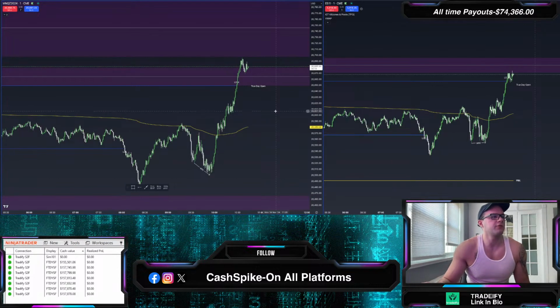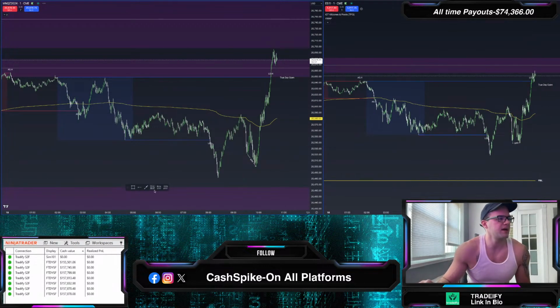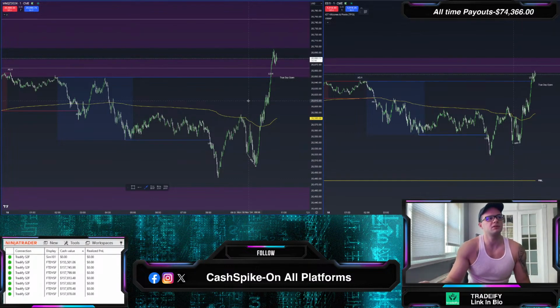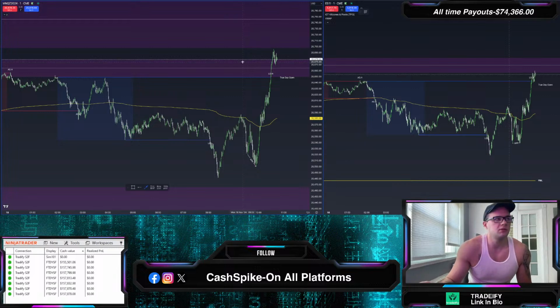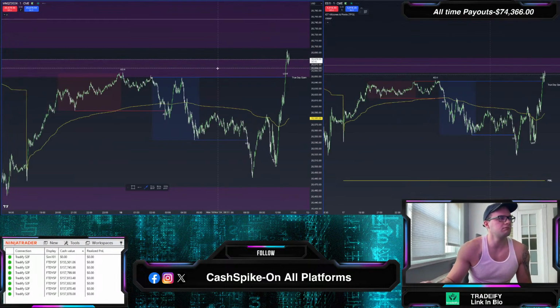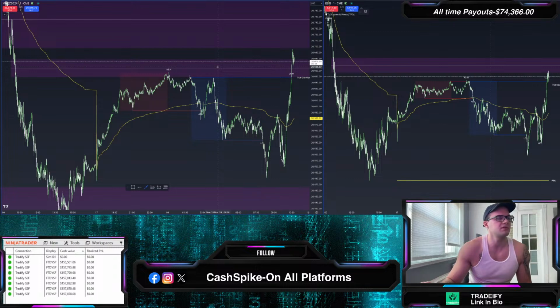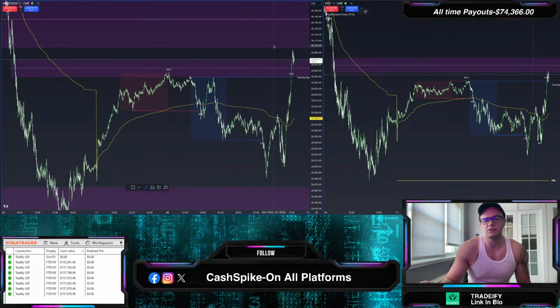Because you really want to be trading in price action that has structure. So if the price action is just shooting up like this with barely any resistance, there's nothing you can really trade, because there's no sweep on the sell side, no liquidity, nothing you can take with confirmation.